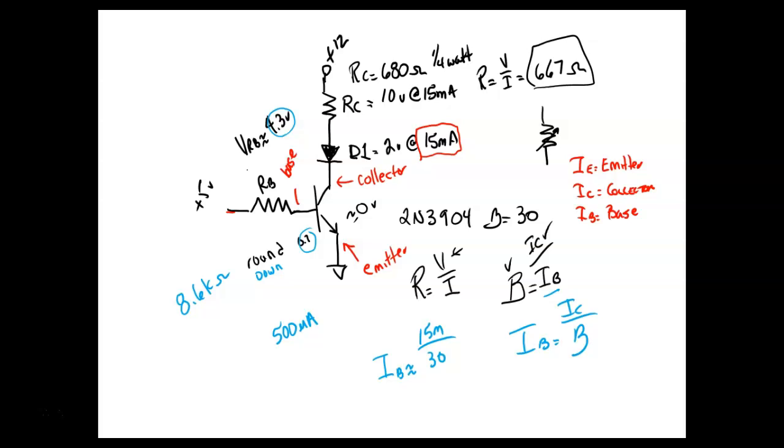So what size are we going to use? Is 8.6K a standard resistor? 8.2. We'll see what we have. I'll hook this circuit up when we go to lab. Wattage rating, we'll use a quarter watt there. It's probably going to calculate to be an eighth of a watt, but we don't have any eighth of a watt.